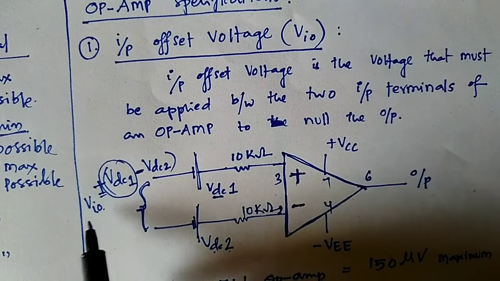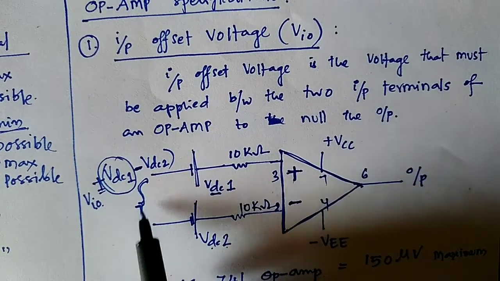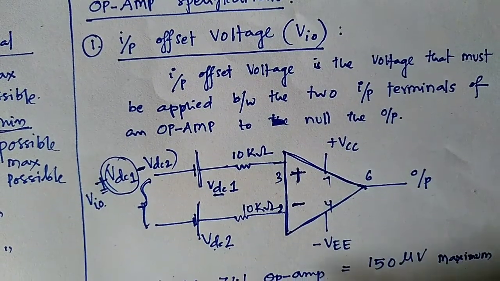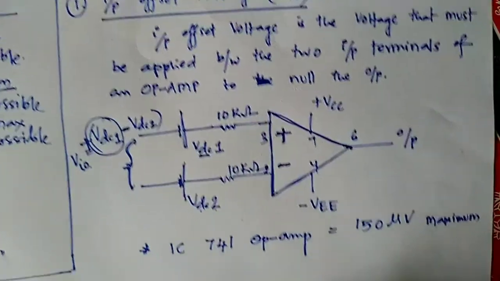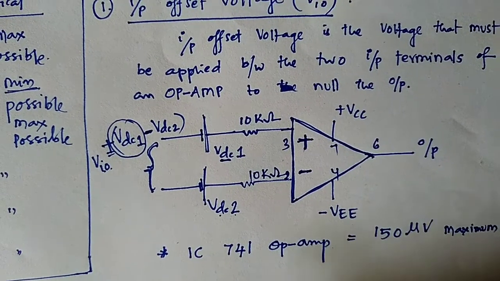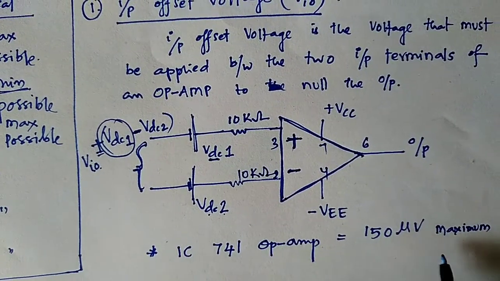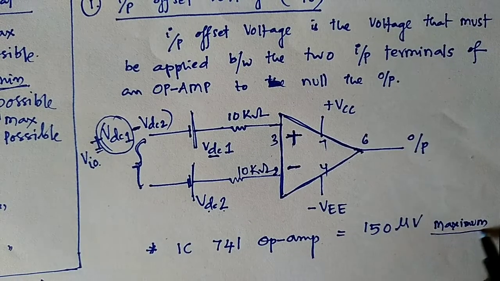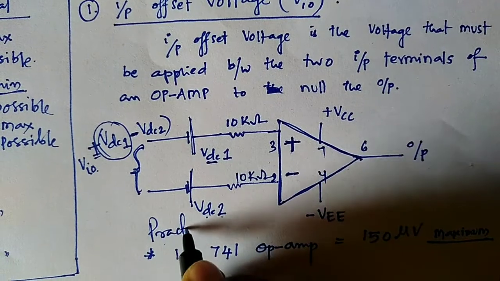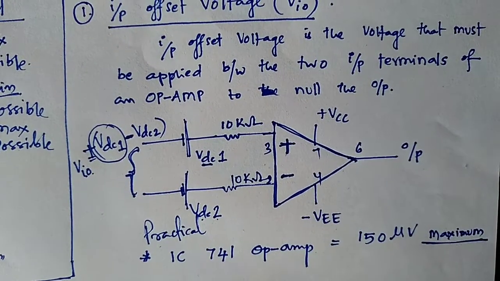So the conclusion is that input offset voltage is the algebraic sum of the individual input voltages at the input stage. That is the meaning. The practical value for IC741 is 150 microvolts maximum.